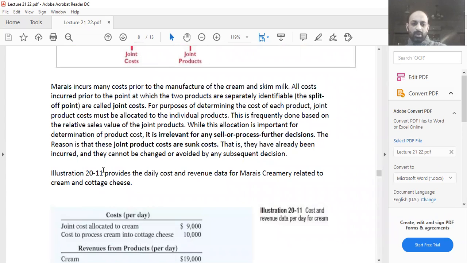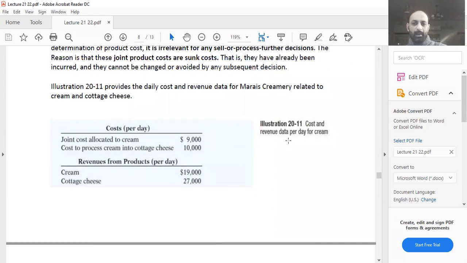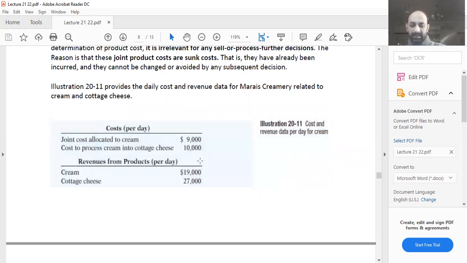So illustration 20.11 provides the daily cost and revenue data for the creamery related to cream and cottage cheese. The joint cost of cream is $9,000, and the cost to process cream into cottage cheese is 10,000.